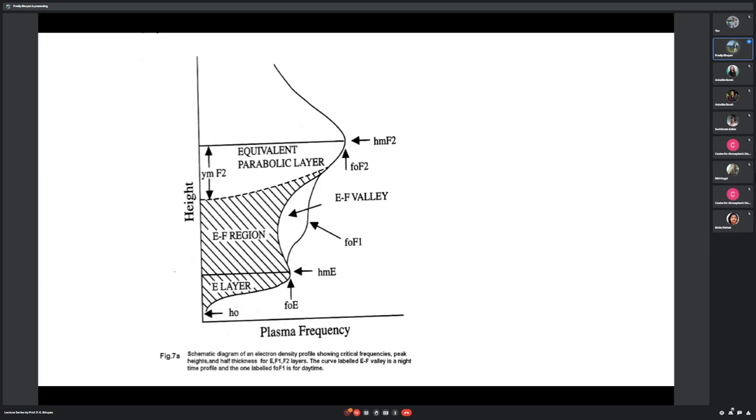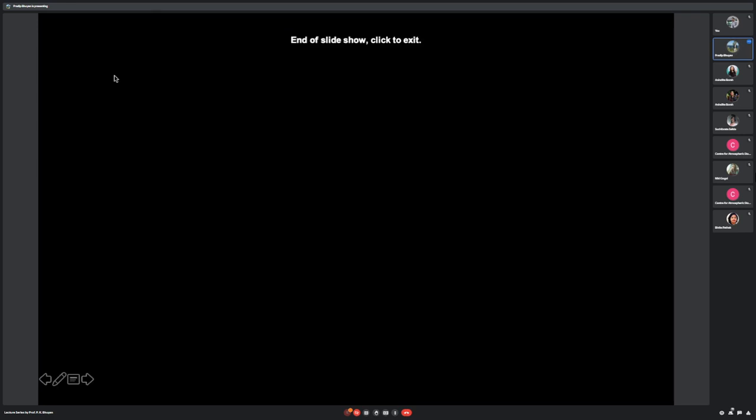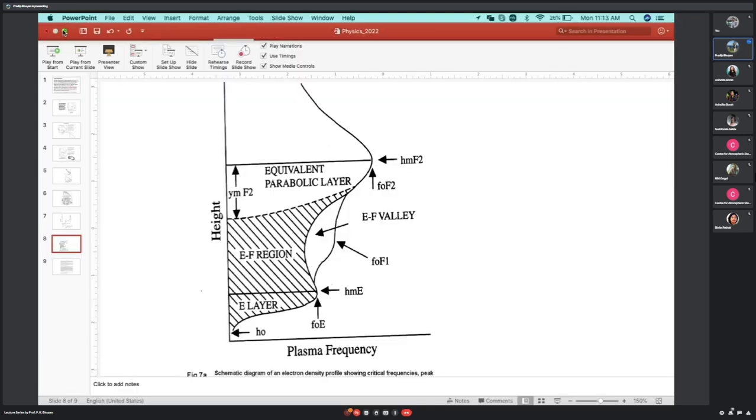Then it will get reflected at the critical frequencies of the E layer, F1 layer, F2 layer. At night, it will normally have only two layers, E and F. These are normal variations.